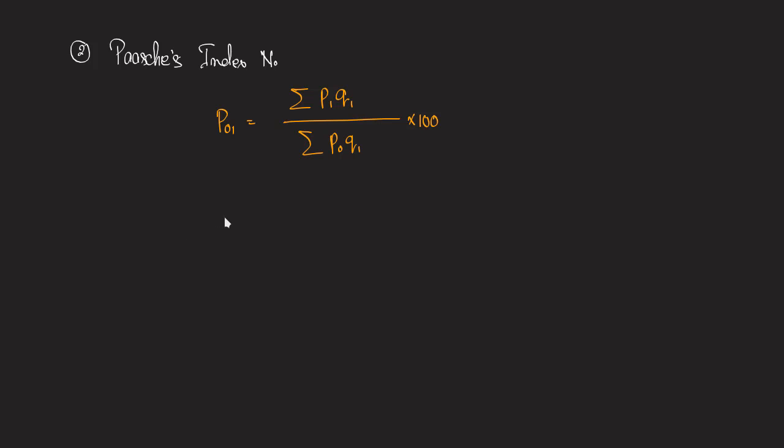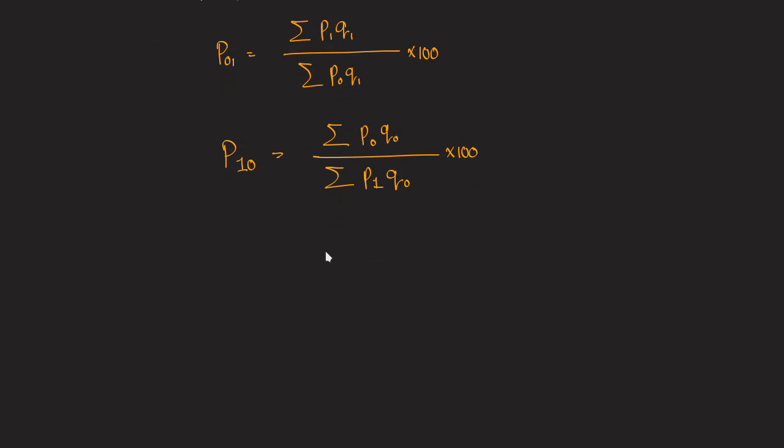If we interchange the time, that means calculate P10, then 0s become 1 and 1s become 0. So in the summation, P1 becomes 0, Q1 becomes 0, and this is summation P0 becomes 1, Q1 becomes 0, into 100. Now if we multiply these two, P01 into P10, the 100 will never cancel out here. Since it does not cancel out, this is not equal to 1, right? It does not give the value 1.